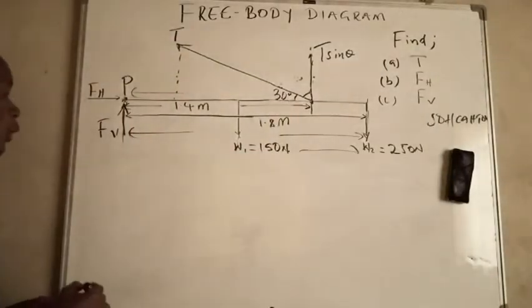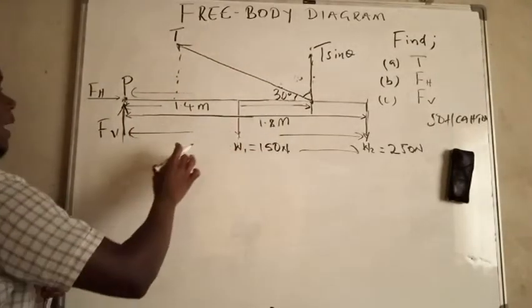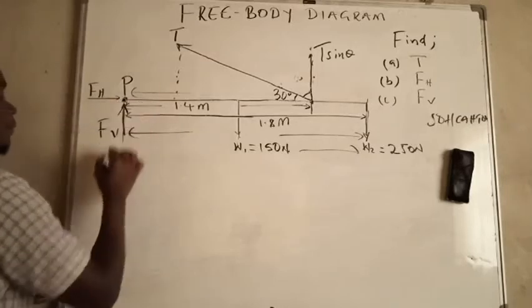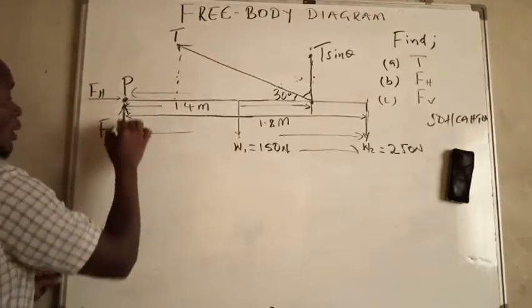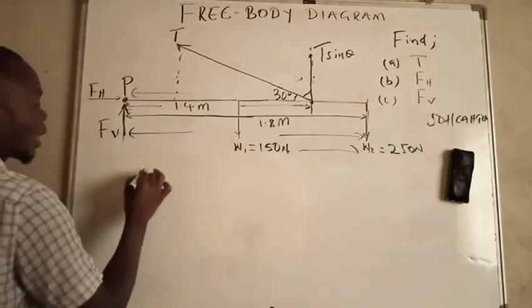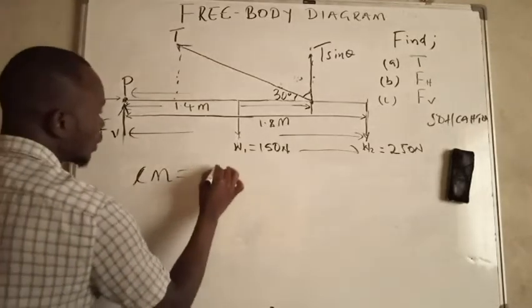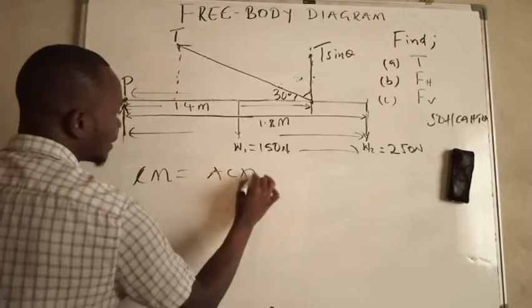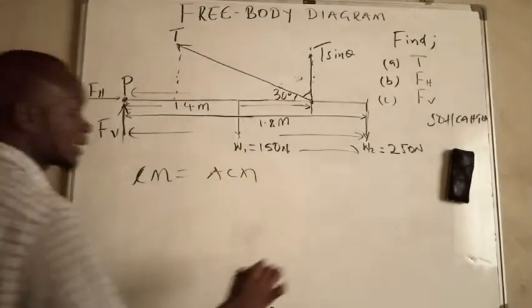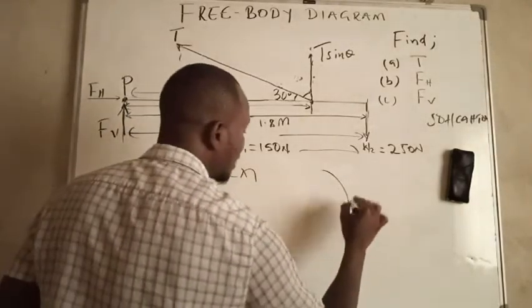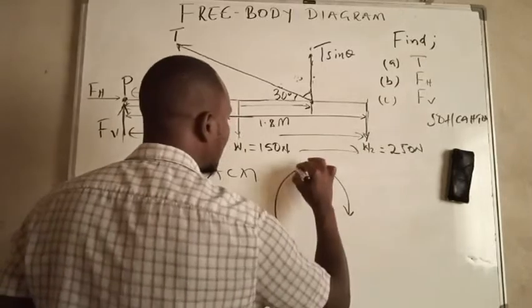So we are going to take the moment from this point here. Taking the moment from this point, we are going to say the clockwise moment must be equal to the anti-clockwise moment. The clockwise moment actually goes like this, in the clockwise direction.